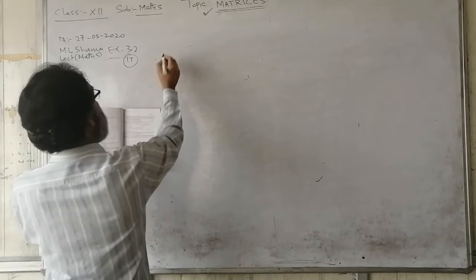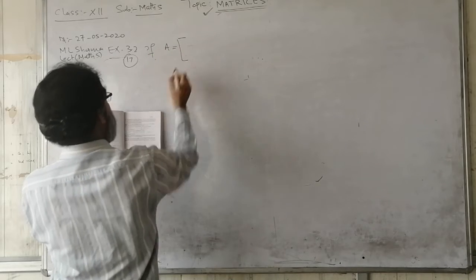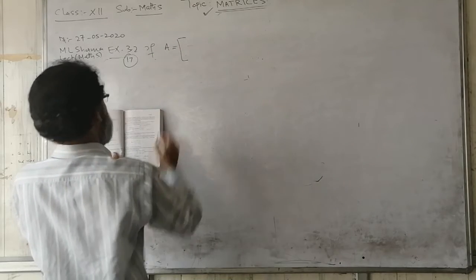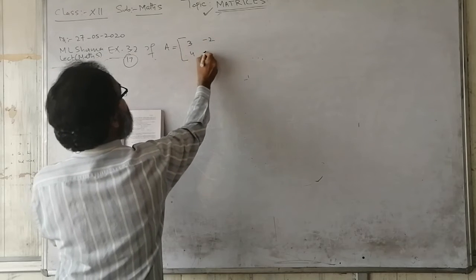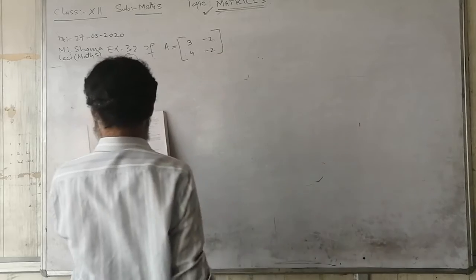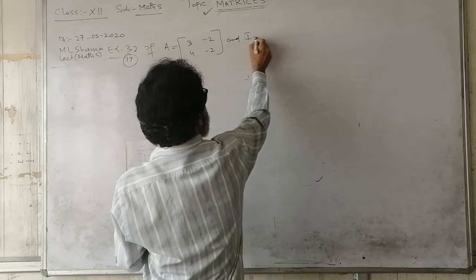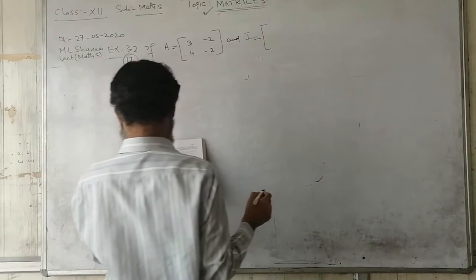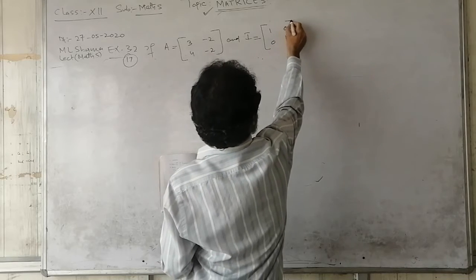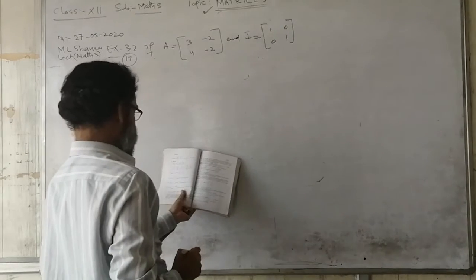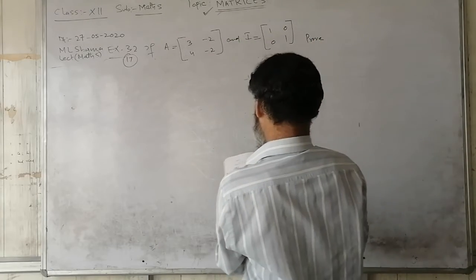If A, its value is given, matrix A, its elements are given, and also matrix I, its value is given, it is identity matrix. You have to prove the result.